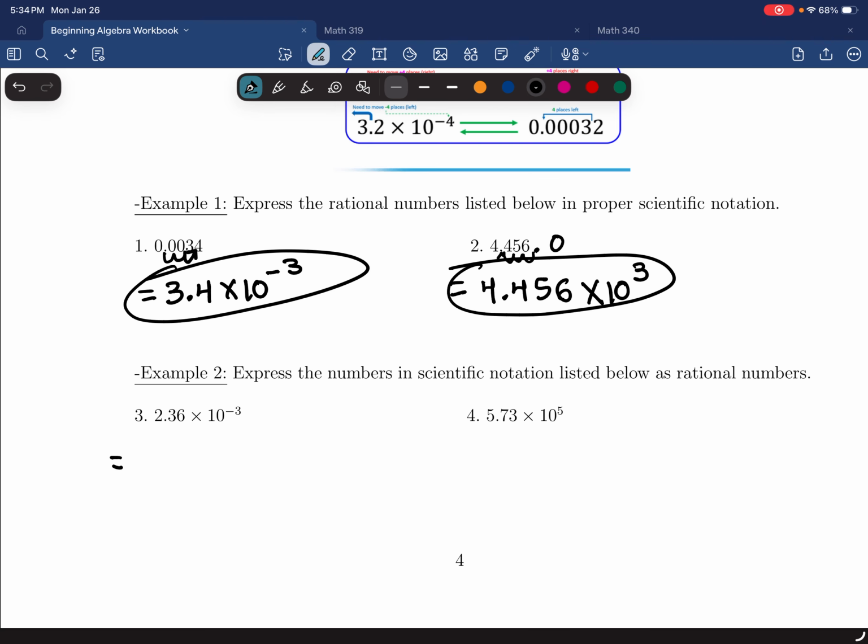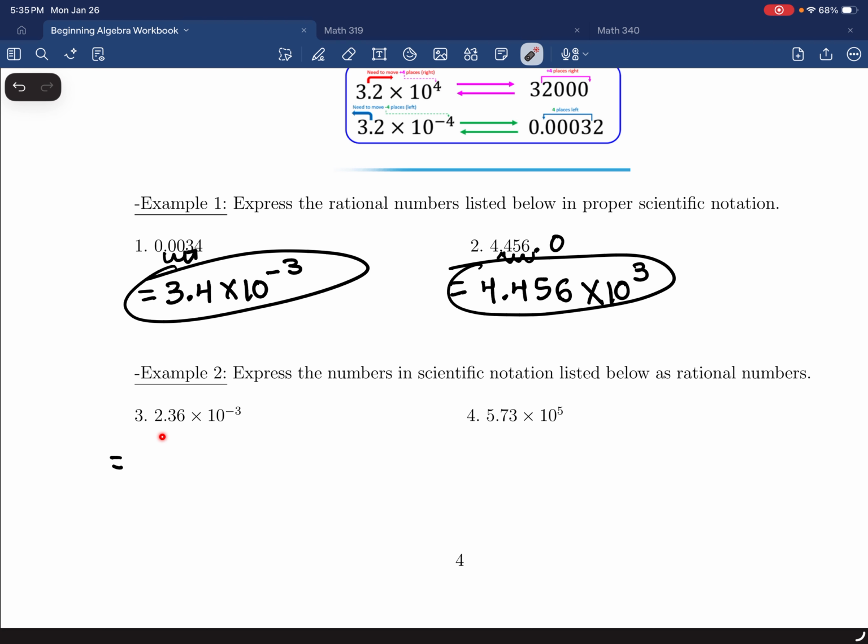So for example 3, we have 2.36 times 10 to the negative 3rd power. Because the exponent is negative, I know I'm going to be dealing with a rather small value. So to make this number 2.36 smaller than what it's given in this form, I'm going to need to move that decimal place to the left.